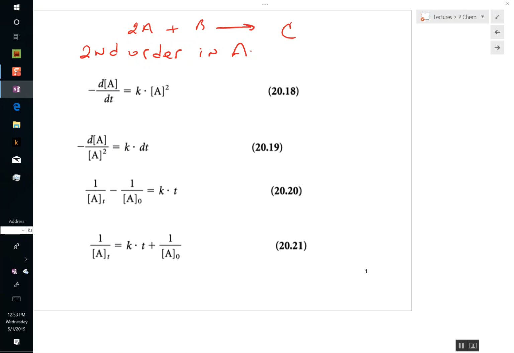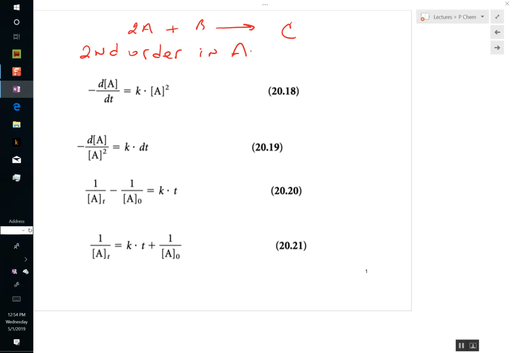Rearranging that like we did with the first order equation, and taking the integral of both sides of this equation, you get down to something that starts looking like this. Both of these would be ways of expressing the second order rate equation.